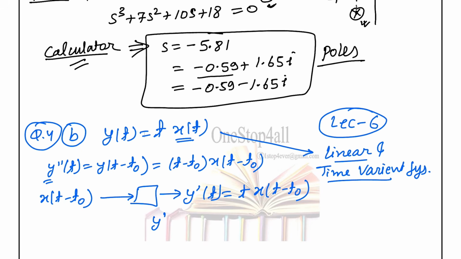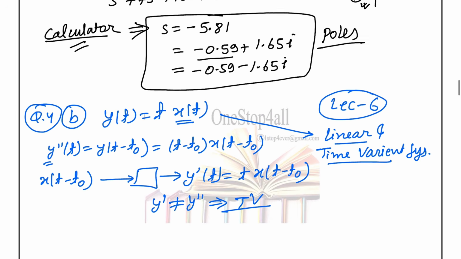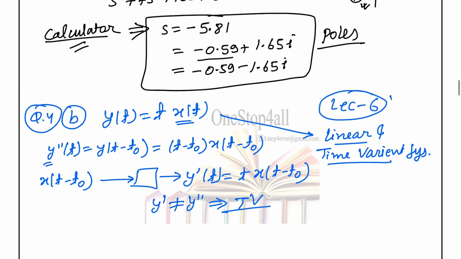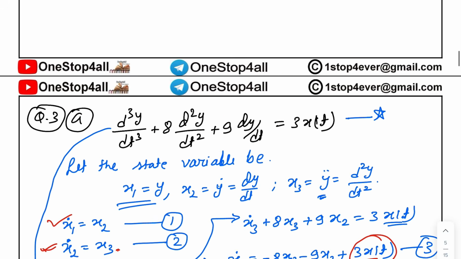As y dash is not equal to y double dash, it is a time variant system. So this is easy, you can refer to lecture number 6 for the detailed solution. For linearity, same process, we check additivity and homogeneity, and then we can say whether it is linear or not.